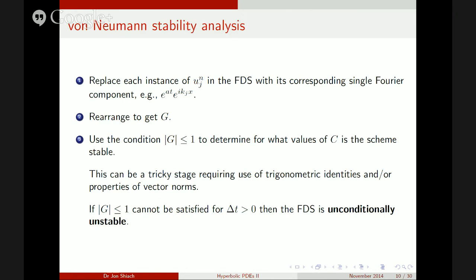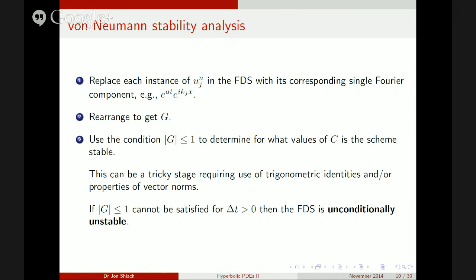So g, remember, is your e to the a delta t. You use this condition: modulus of g has got to be less than or equal to 1. G would be a complex number, so find out the modulus, square it, it'll be less than or equal to 1. Find out for what values of c your modulus of g is less than or equal to 1.